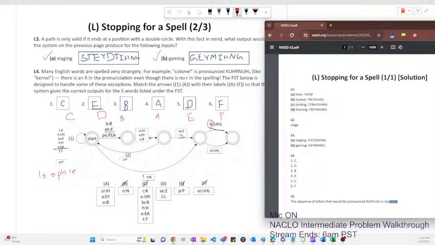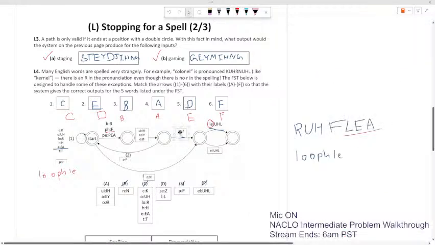Maybe it does have to do with my order. Let's rearrange and see if that'll work. D was this one.